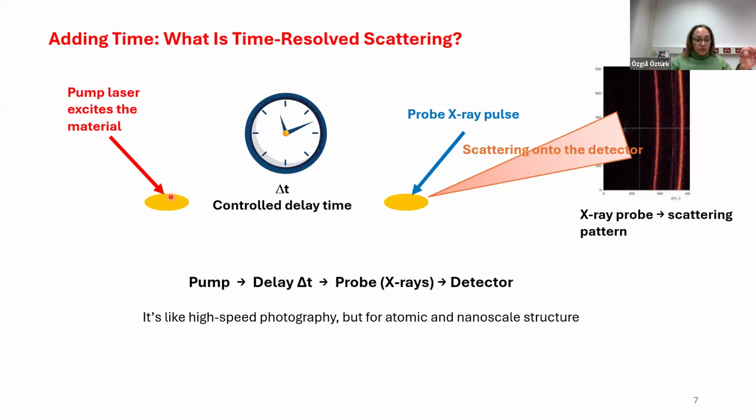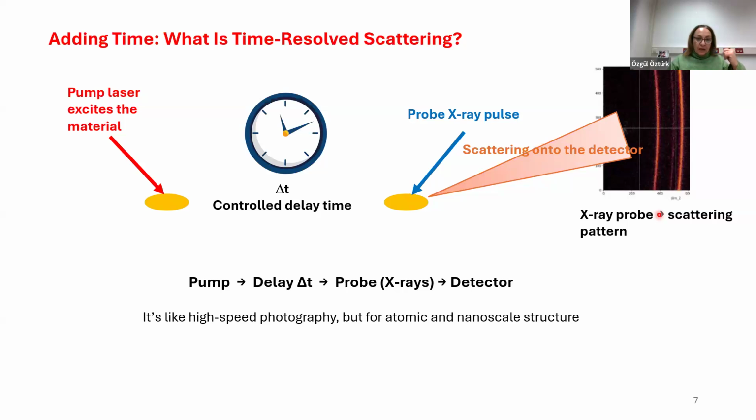For example, you can use an optical laser, infrared laser. Then, after a controlled delay time, we probe the structure with an X-ray pulse. So then, by repeating the experiment for many different delay times, we reconstruct how the structure evolves in time. Effectively, it's like creating a movie instead of snapshots.